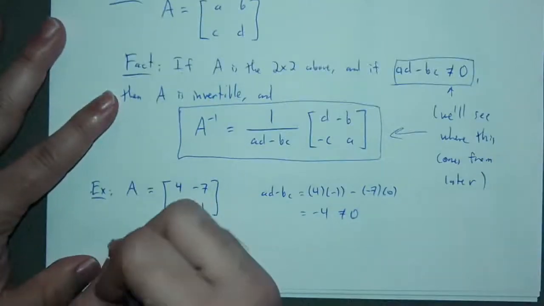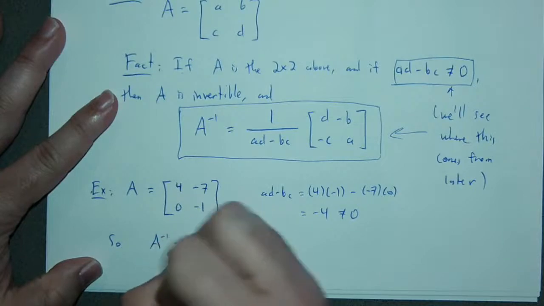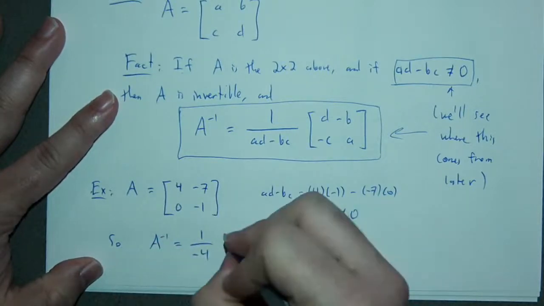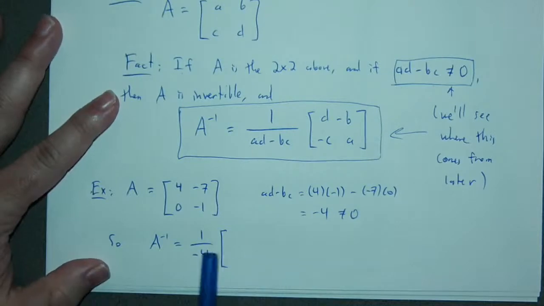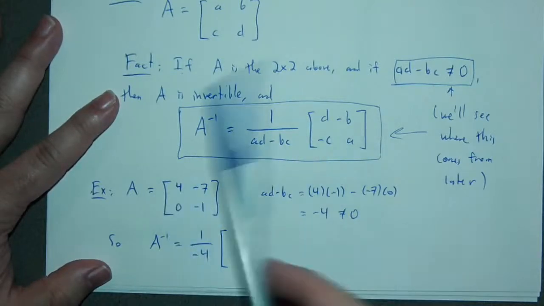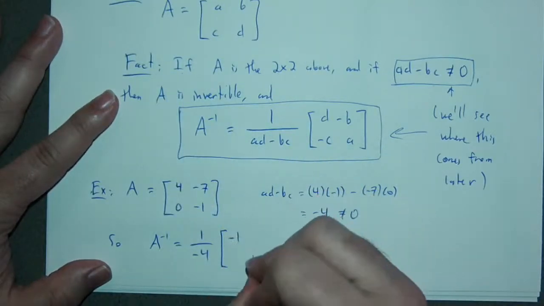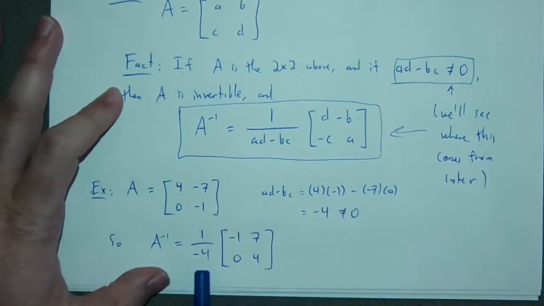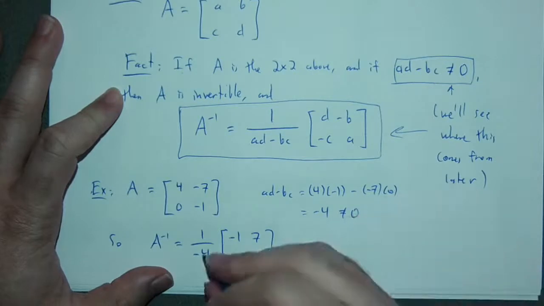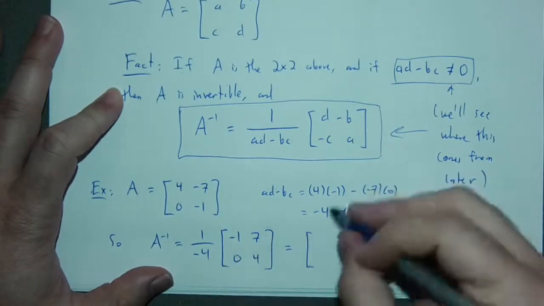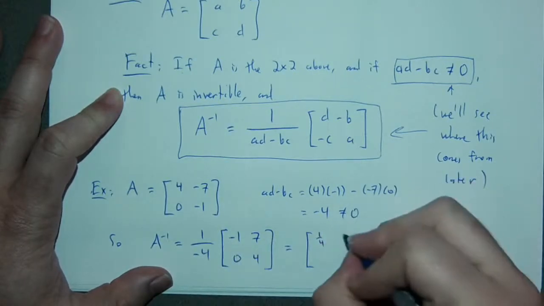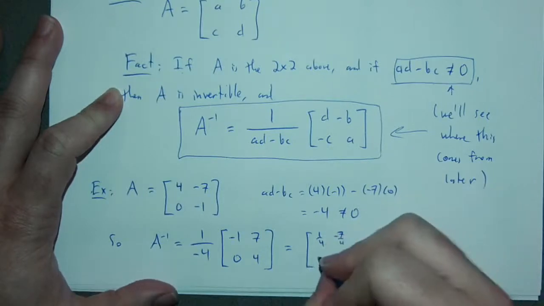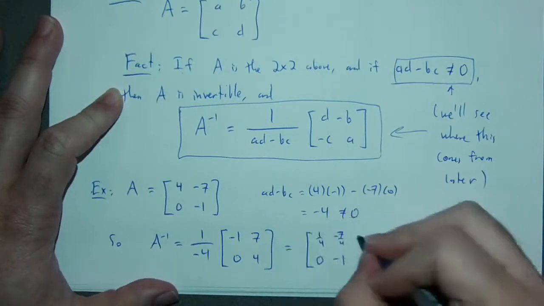So A inverse is 1 over minus 4 times the matrix where I've swapped 4 and minus 1, and I've negated the off-diagonal entries. Now I multiply to move the scalar inside. So I have 1/4, minus 7/4, 0 and minus 1.